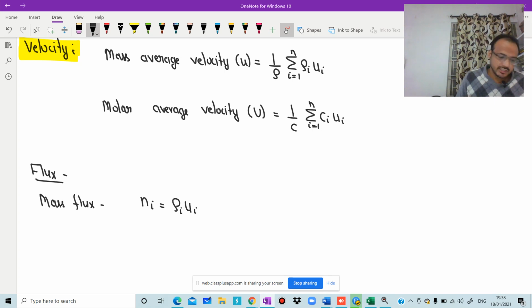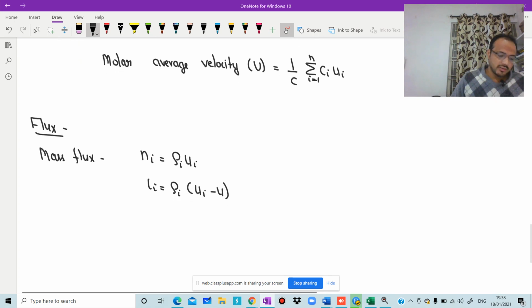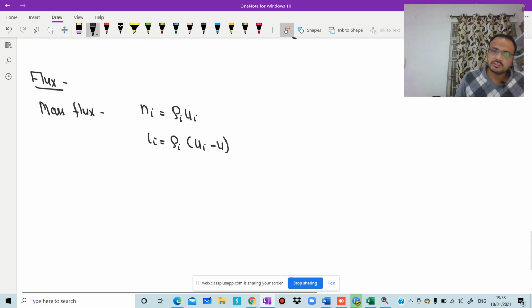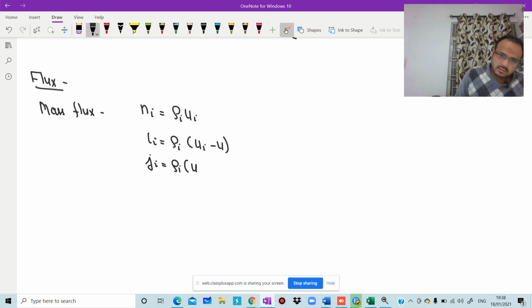The second one is ji is equal to rho i into ui minus u, relative to an observer moving with the mass average velocity. The third one, Ji, is relative to an observer moving with the molar average velocity.